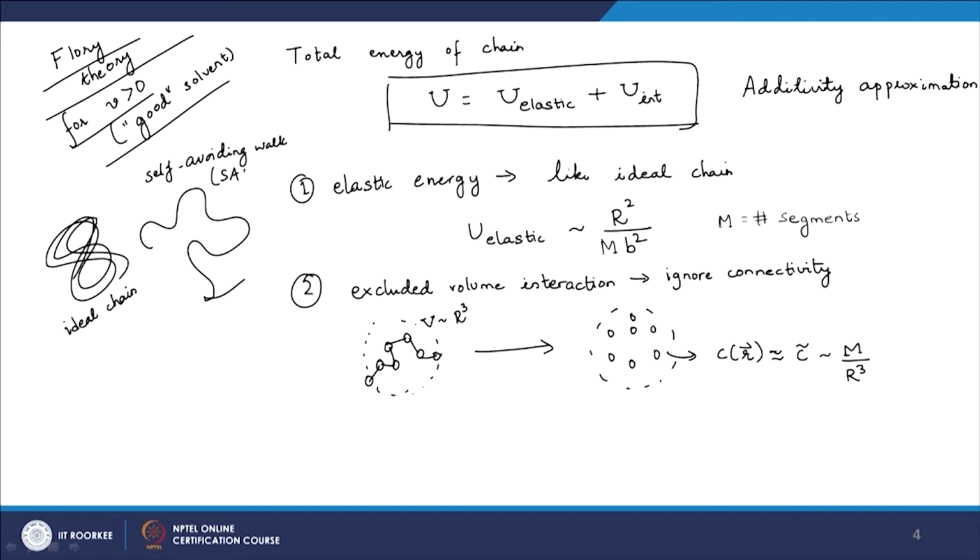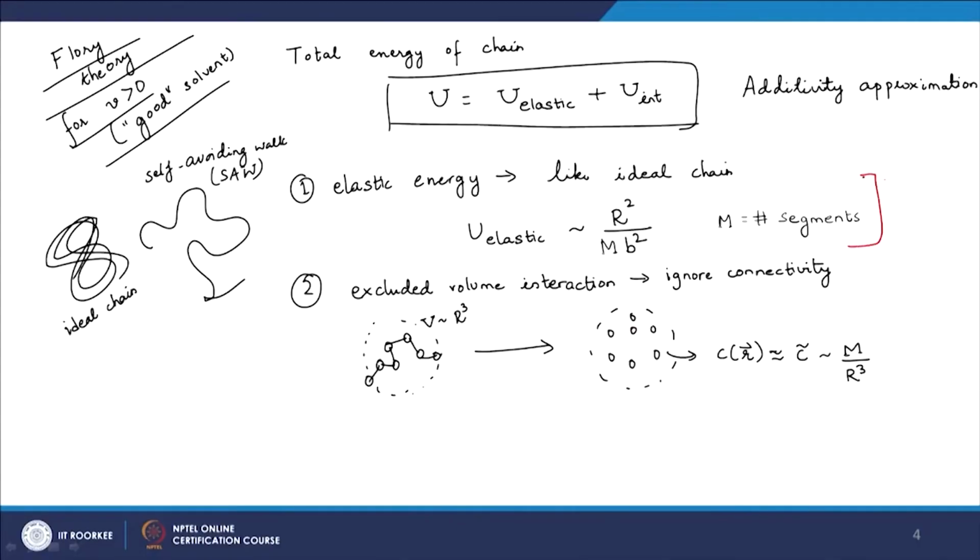If the chain is more stretched, then the elastic energy, if I really had considered the non-bonded interaction, would have been higher. In fact, by assuming it to be an ideal chain we are underestimating the elastic energy.